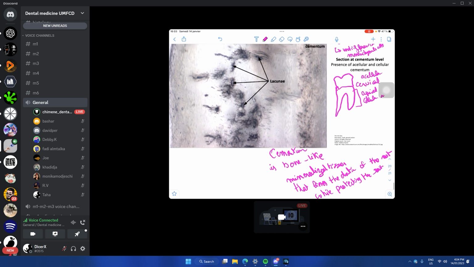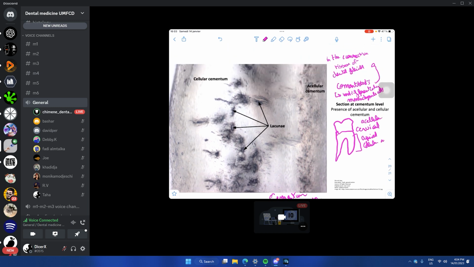Now, as you can see, you have some lacunae also. As I've told you, the lacunae are spaces that are supposed to be filled with something, right? So in the cementum, the lacunae are uninnervated, so they don't have any nerves in here.